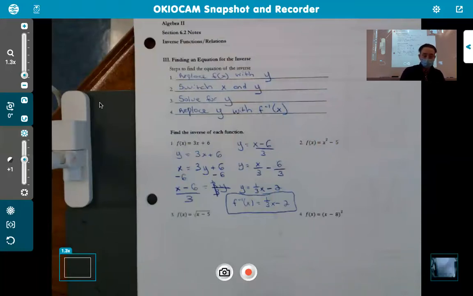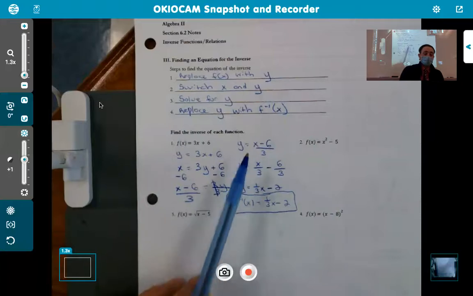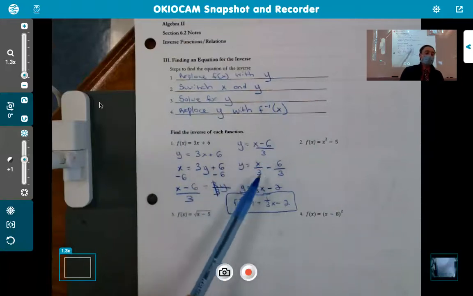So for y equals, could you either just leave it like that, or did you have to simplify it? When I get to what step? When you got to y equals x minus 6/3, could you have left it like that, or did you have to simplify it? So technically, you could have left it like that, but I would simplify it as far as you can.